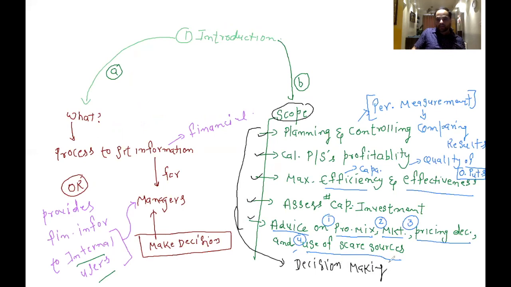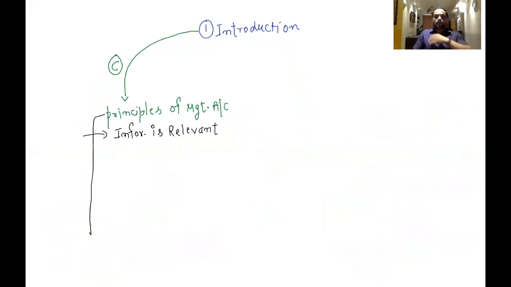Decision making means deciding what to do and what not to do. So in order to make a right decision, what is the most important thing? The important thing is information. If information is wrong, the decision is wrong. So it's very important that whatever information we need, that information should be relevant to that particular decision that we are going to make.